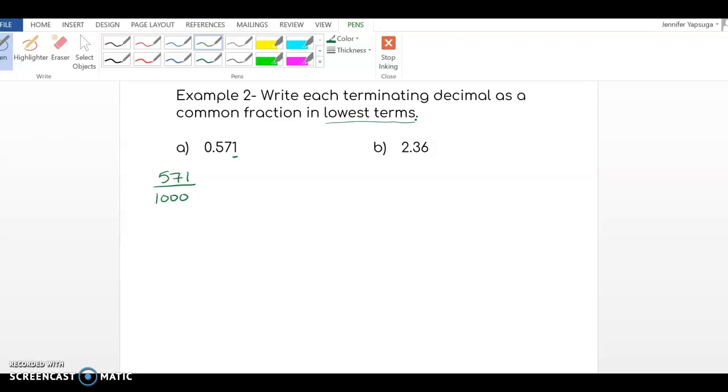All right, let's take a look at part B together. So this is a mixed number because I have a whole number in the front. So I would read this using my place value. That 6 is in the hundredths place. So I could say 2 and 36 hundredths. And then I would look to see if I could simplify. And I could divide both my numerator and my denominator here by 4.